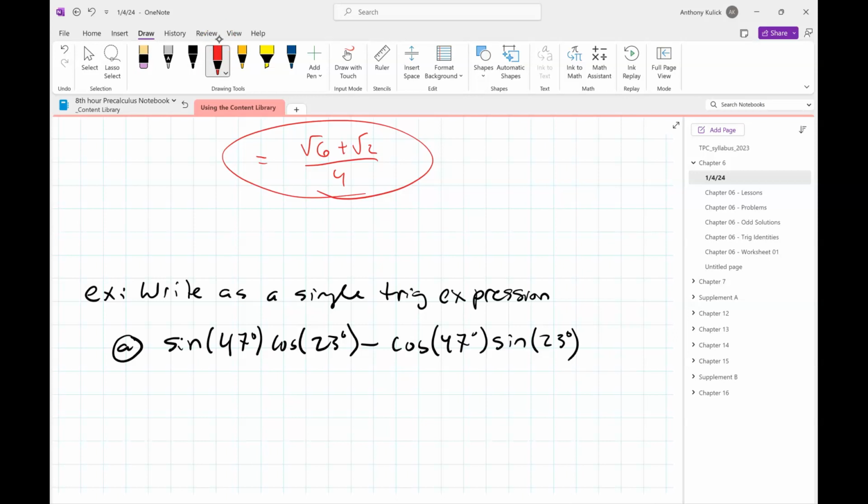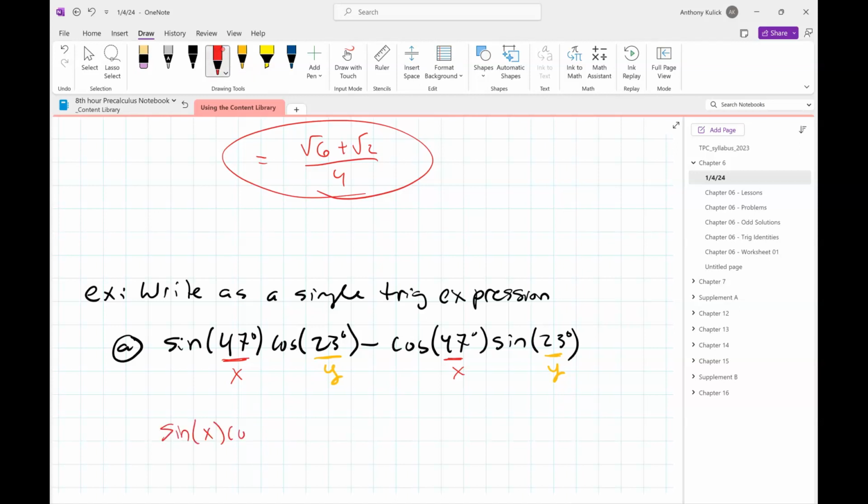So we have sine 47 times cosine 23 minus sine 47, or sorry, cosine 47 times sine 23. When I look at this, I notice that the 47 repeats, the 23 repeats. So like the 47 is kind of like an x and the 23 is kind of like a y.